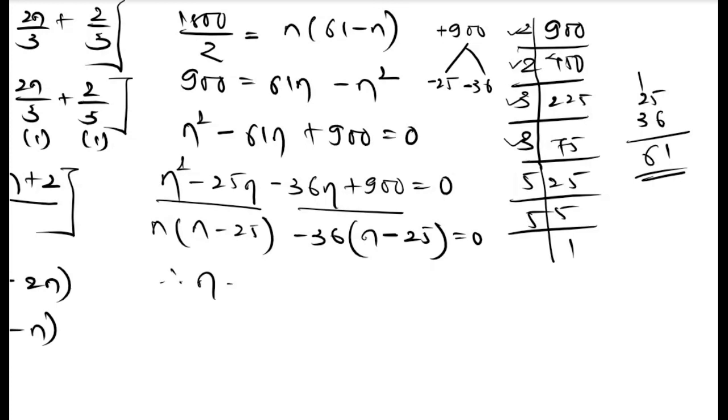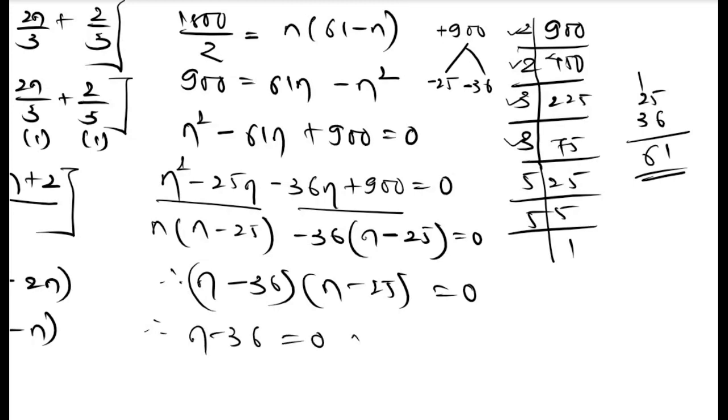Therefore n minus 36 bracket n minus 25 is equal to 0. Therefore n minus 36 is equal to 0, or n minus 25 is equal to 0.